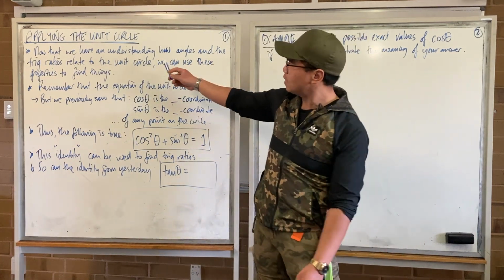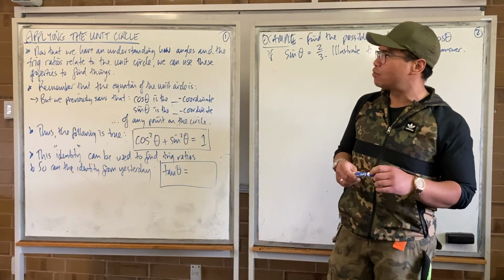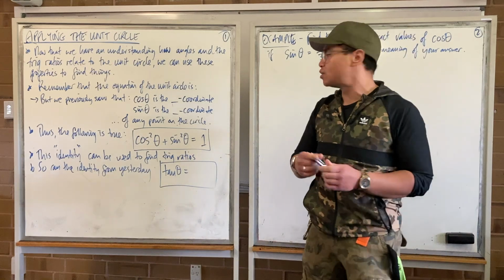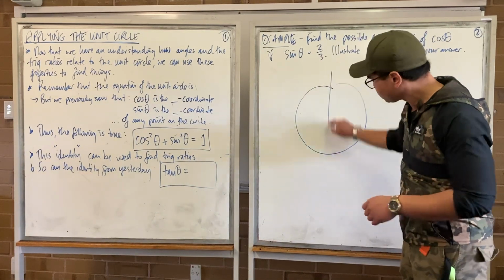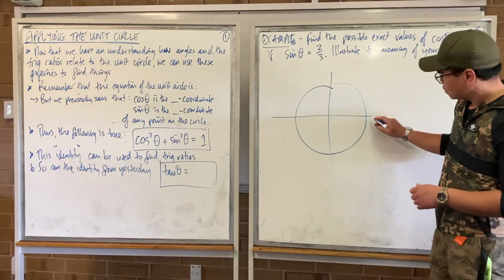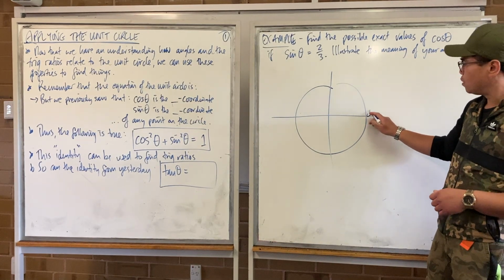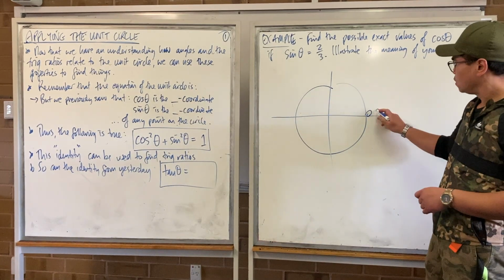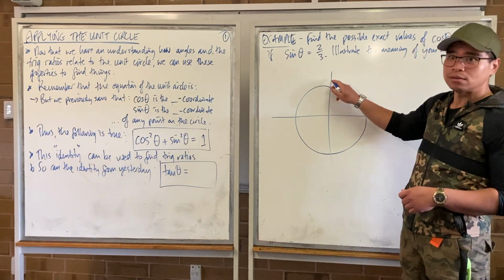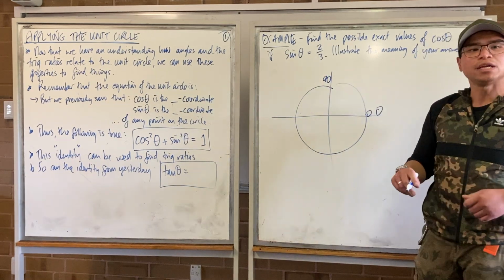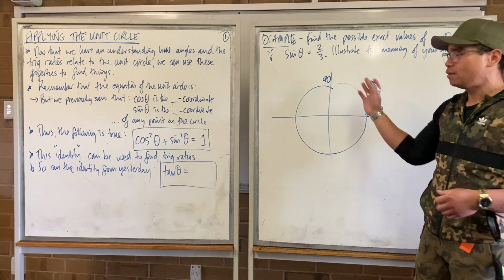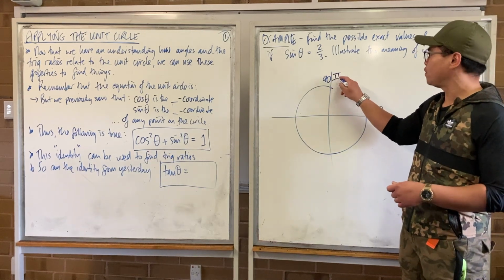So, we have an understanding of how angles and the trig ratios relate to the unit circle. A quick reminder: how many degrees would my rotation be if I was here? Zero. How many radians is that? Zero. How many degrees is this? 90. How many radians have I gone? Pi over 2, I've gone half of a pi.